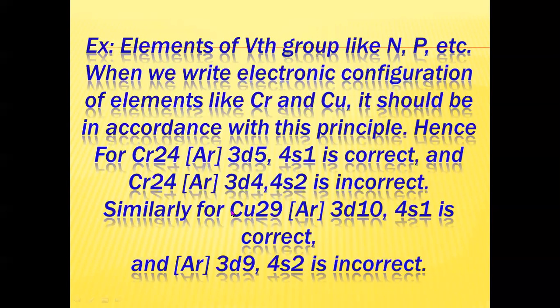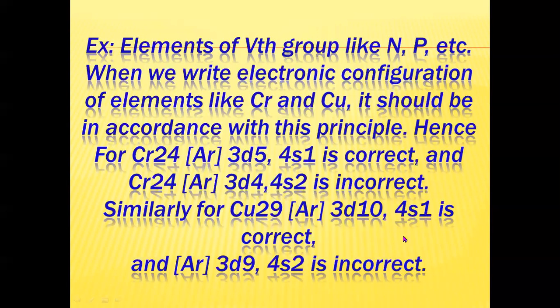Similarly for copper, whose atomic number is 29, 18 electrons will enter into argon, and 19 to 29, that is 11 electrons, will enter into the next sublevels like this: 3d10 4s1.